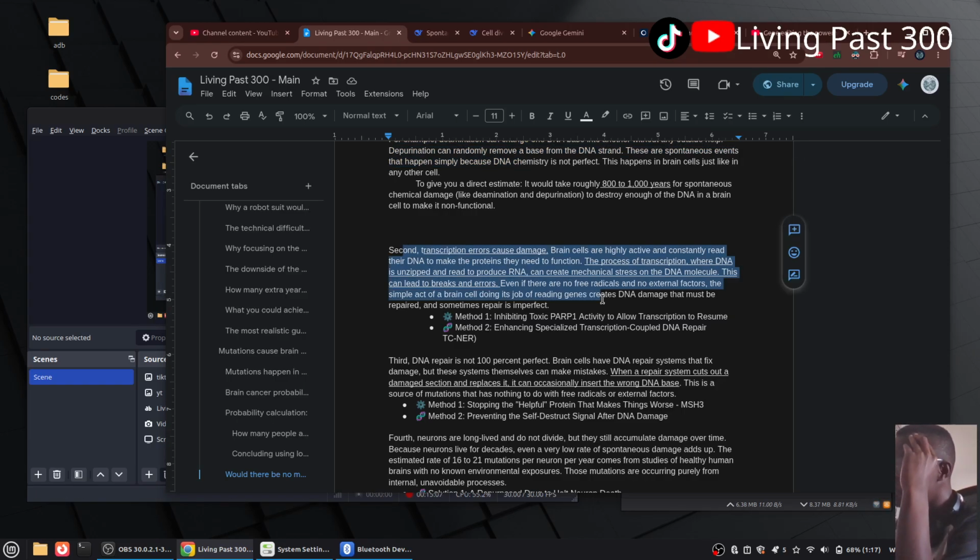So, transcription errors caused by damage. Damage caused by transcription errors. So remember, transcription is the process of making RNA. Is transcription the process of making RNA, or translation and transcription? So remember, you have DNA transcription and DNA translation.